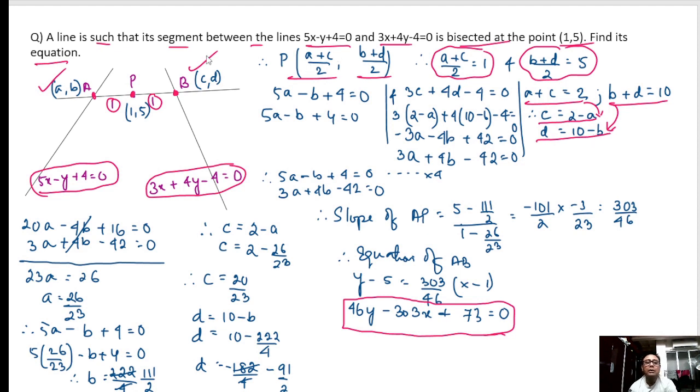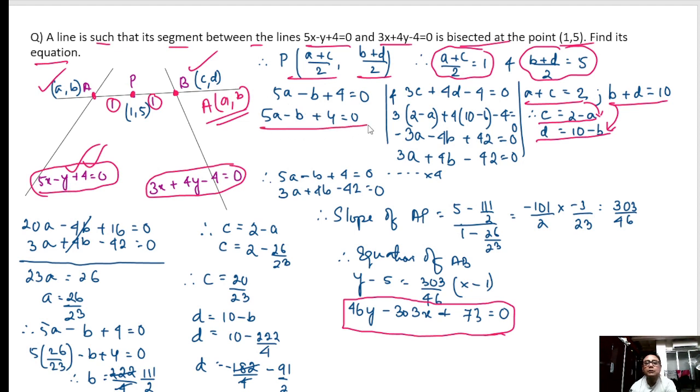Okay, so now watch one thing. The coordinate A, which is a comma b, lies on this line. So instead of x I can put a and instead of y I can put b.